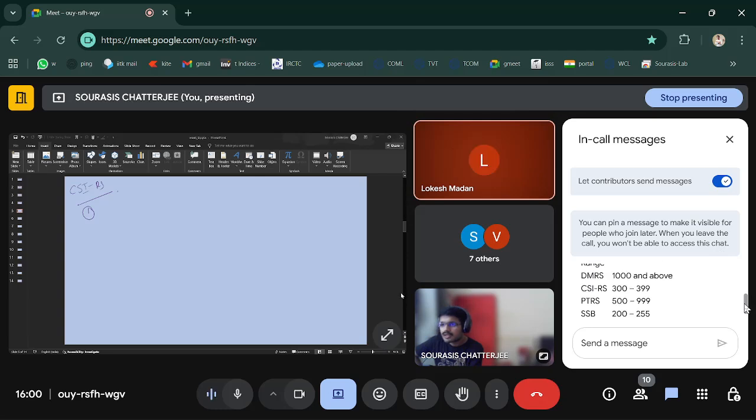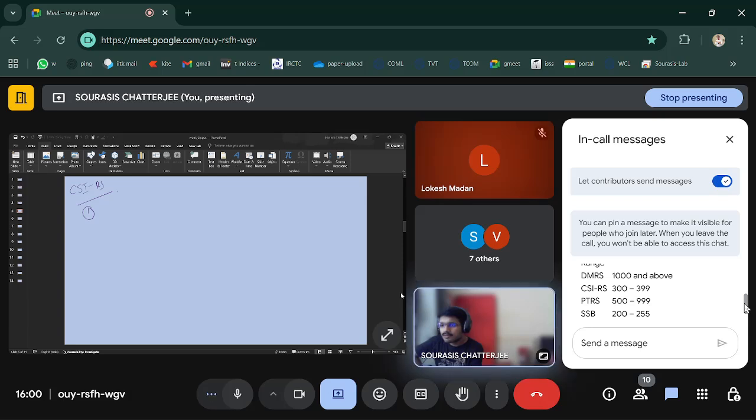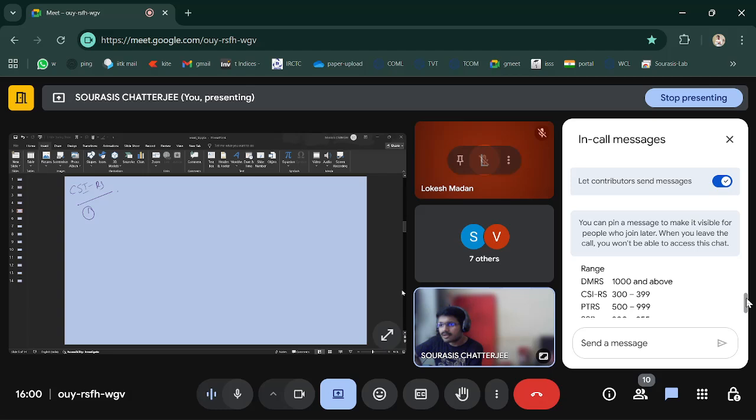For DMRS it's 1000 and above. For synchronization block 1000 to 255. Positioning reference signal 500 to 99, and CSI. Okay, but is there any key understanding behind this numbering, or is it just a standard way of doing it? I also don't know about that, so I was asking if you could help me out here.